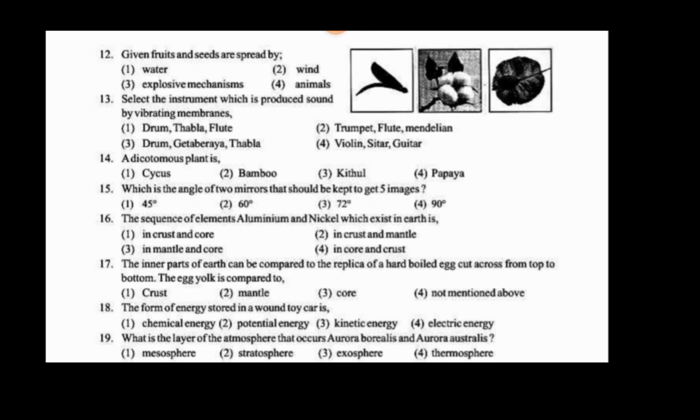Given fruits and seeds are spread by. So in this lesson you learn 3 ways of dispersal of fruits and seeds. What are those 3 ways? Fruits and seeds which are adapted for dispersal by wind. For example, cotton, vara, hora, gammaru.